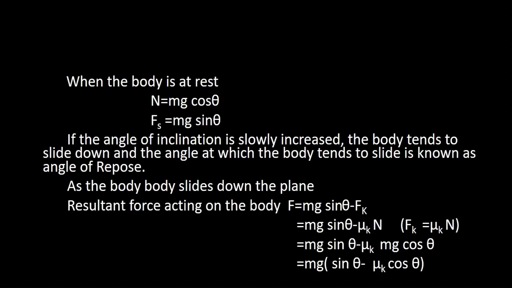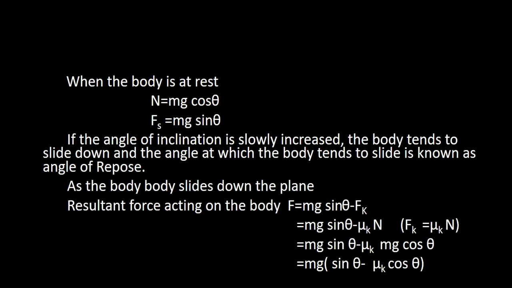Now, as the body slides down, the resultant force acting on the body is given by F equal to mg sin theta minus Fk. Here, the direction of the force is taken along the direction of movement of the body, therefore the frictional force is denoted by a negative sign.